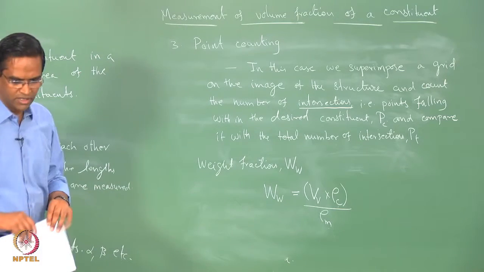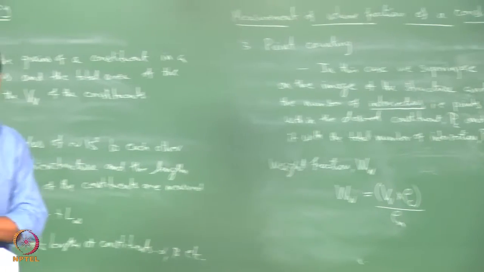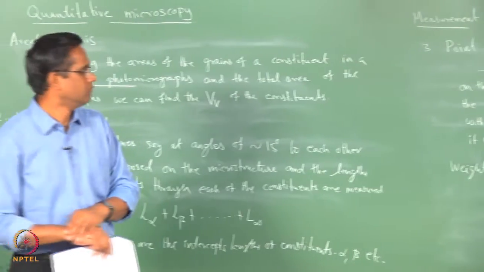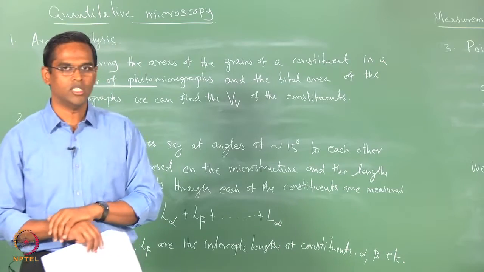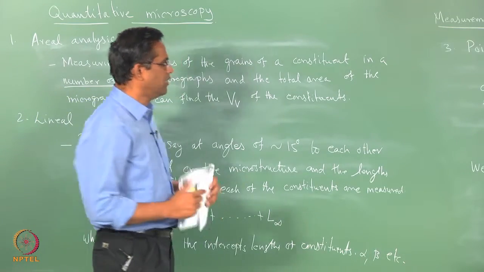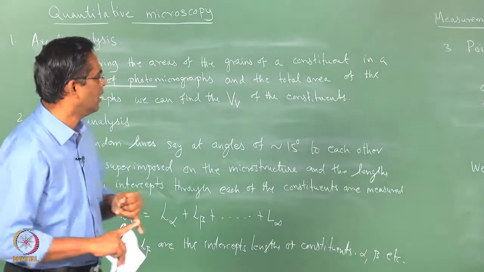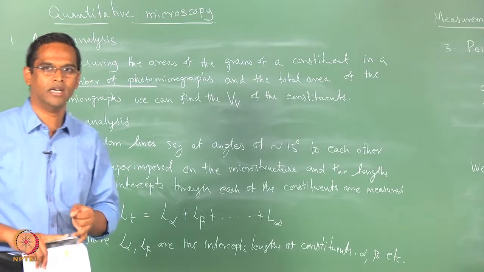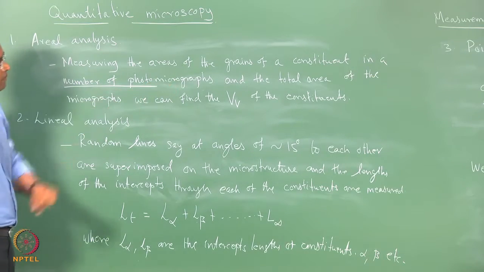What I have just given is a definition of the methods of measuring the volume fraction of a constituent in a two-phase or multi-phase material. I just repeat, we can do it in three methods: one is areal analysis, secondly linear analysis, and third point counting.